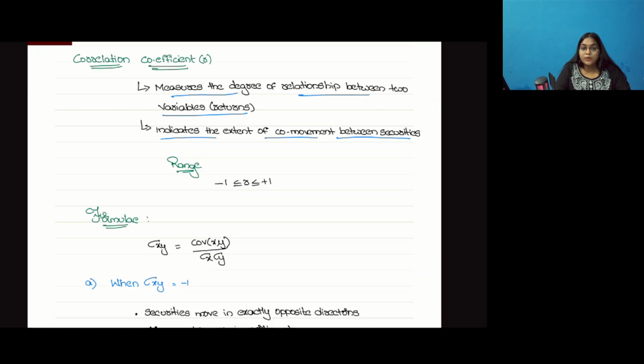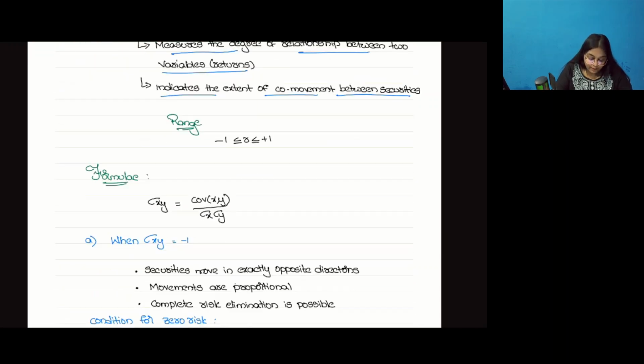It is also to understand the co-movement of two securities, but it tells us the degree at which the two securities are moving. So the range will be -1 to +1. Here the formula: sigma XY equals covariance of X comma Y divided by sigma X into sigma Y.